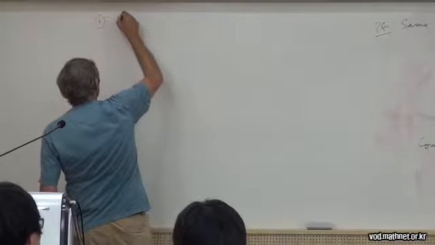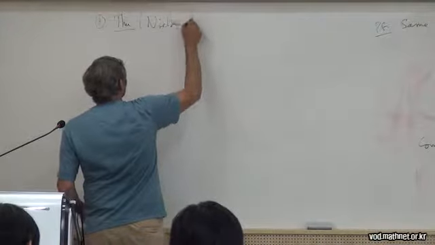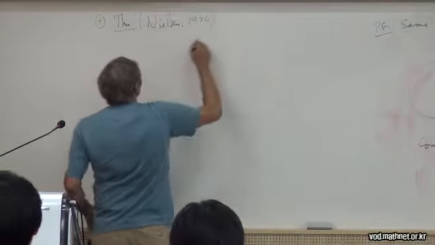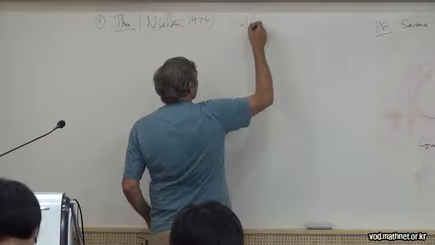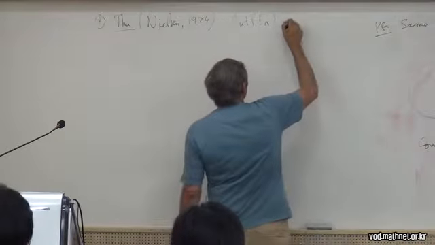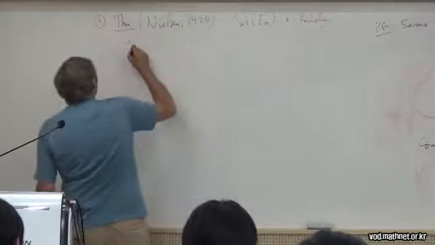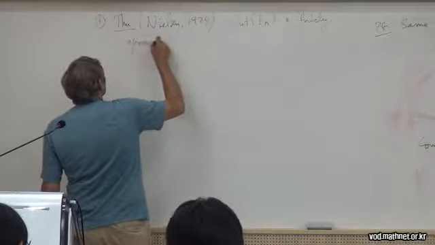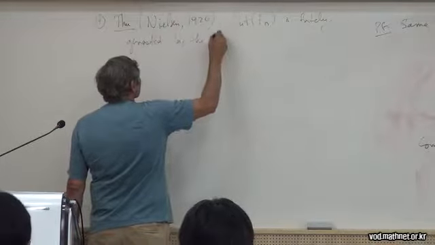This is the theorem of Nielsen, 1924. And here we'll take the whole automorphism group. We won't worry about modding out by inner automorphisms. The whole automorphism group is finitely generated by the following automorphisms.